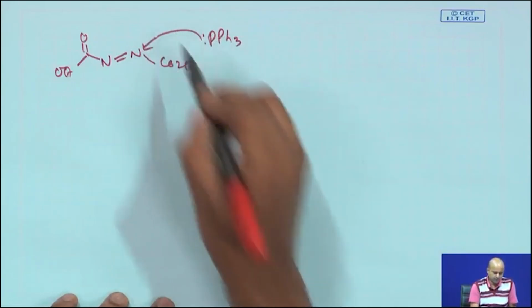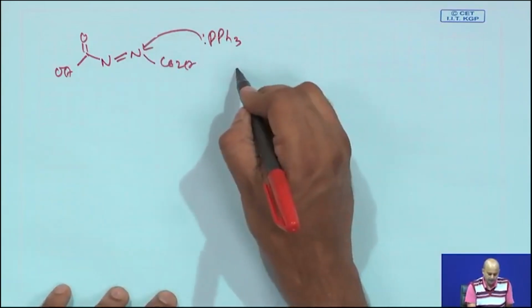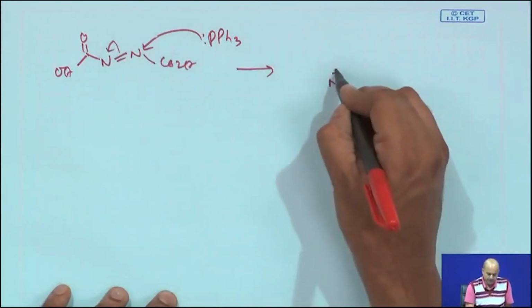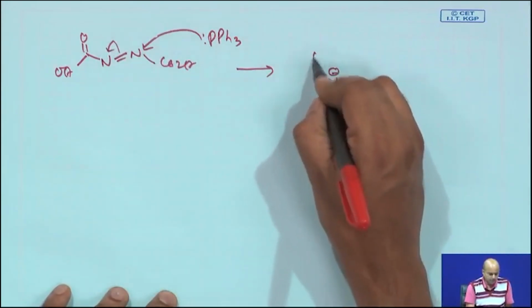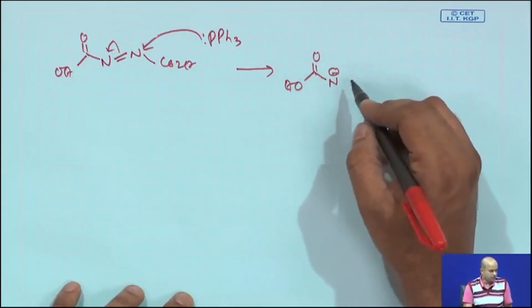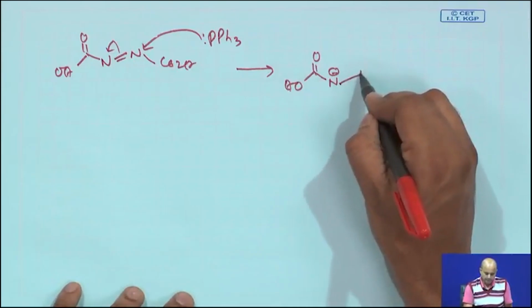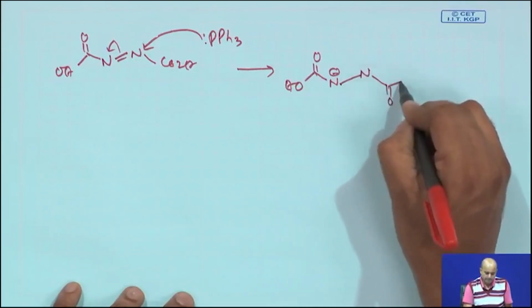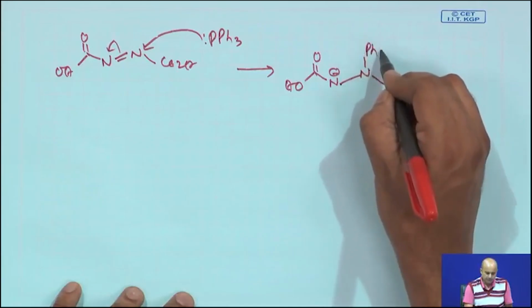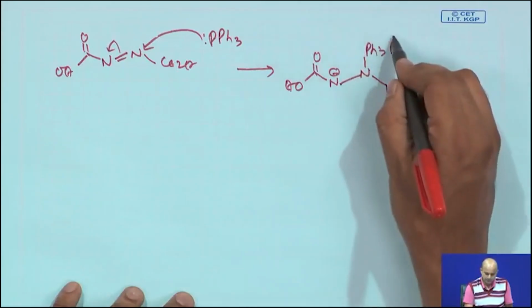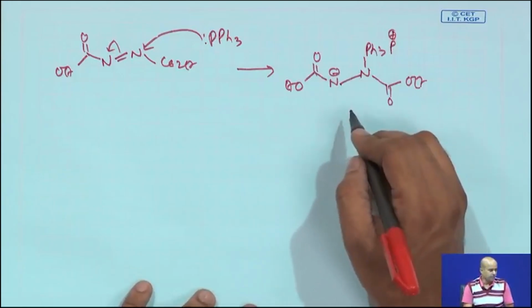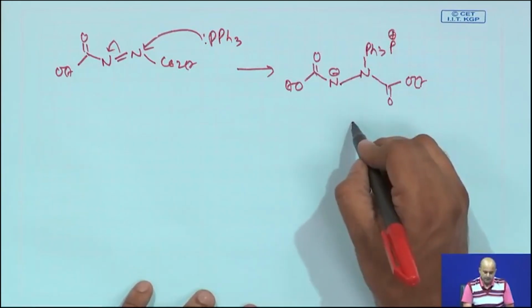This phosphorus lone pair attacks here and basically gives you a negative charge on this nitrogen, which is definitely stabilized by the electron withdrawing effect of this adjacent CO2Et. So, this is the initial step which basically happens.